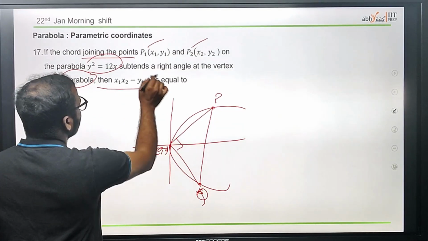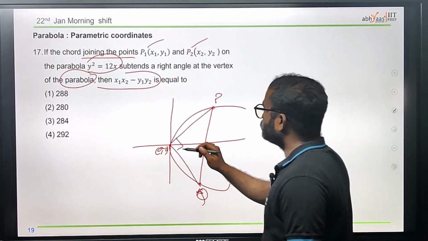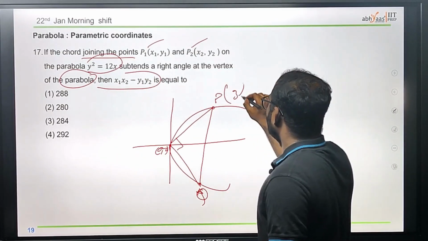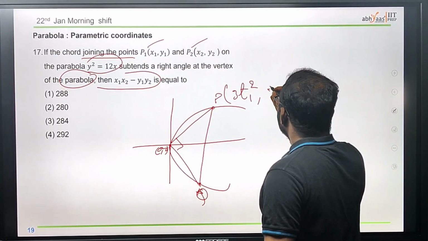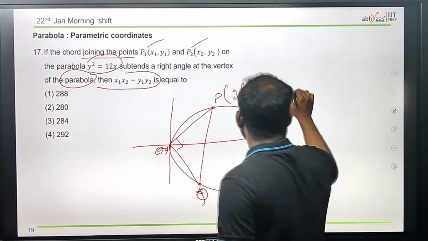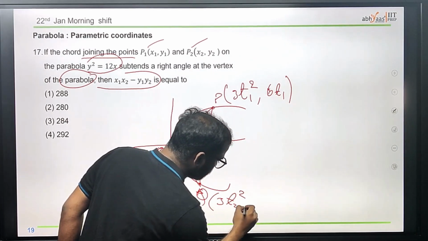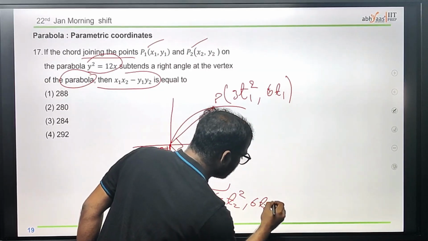Then what is the value of x1 into x2 minus y1 into y2? Now by using the parametric form, we have a as 3, therefore 3t1 square and 6t1, this is one of the parametric points, and now 3t2 square comma 6t2.